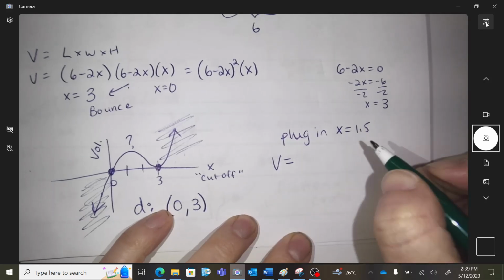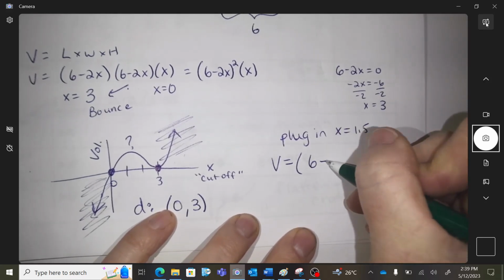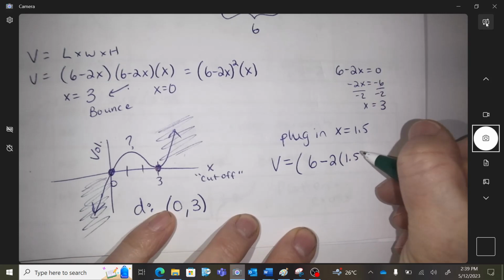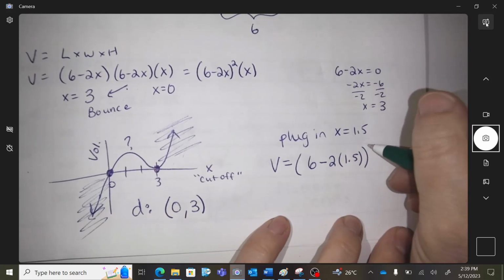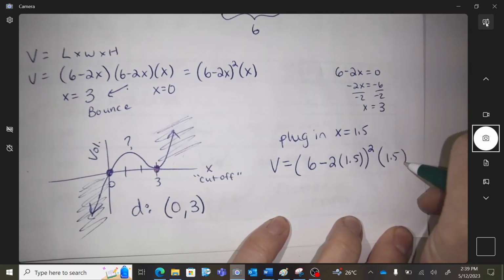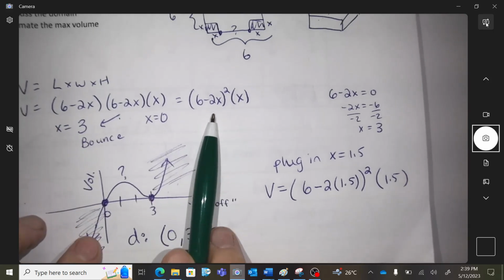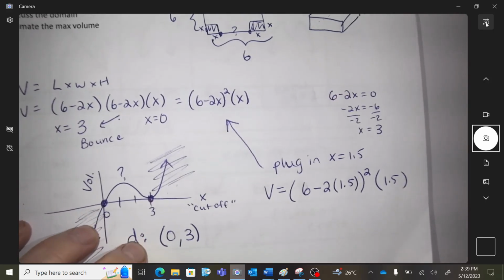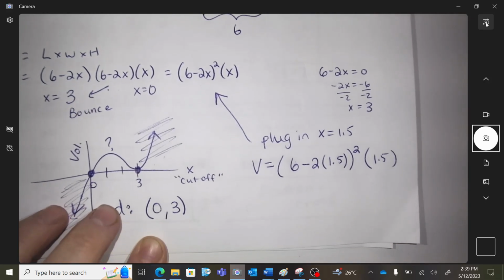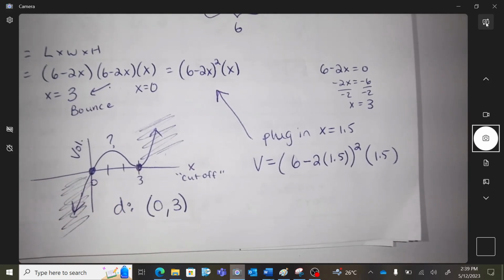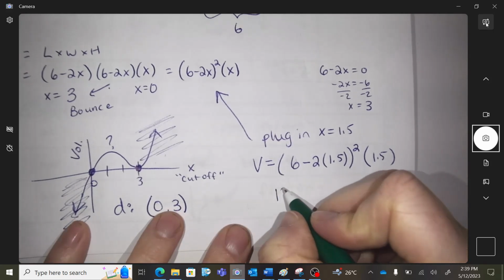So volume equals (6 minus 2 times x) squared times x, plugging 1.5 into my equation from up there. Okay, and that would just get me an estimate of my max volume. Is anybody getting 13.5?